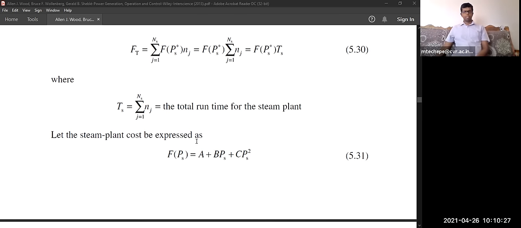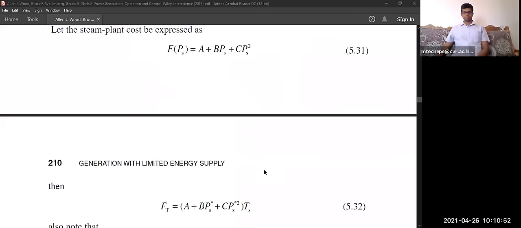In this material it is taken like this, but you can also take it the other way. So the steam power plant cost is expressed as F of PS equals A plus B PS plus C PS square.